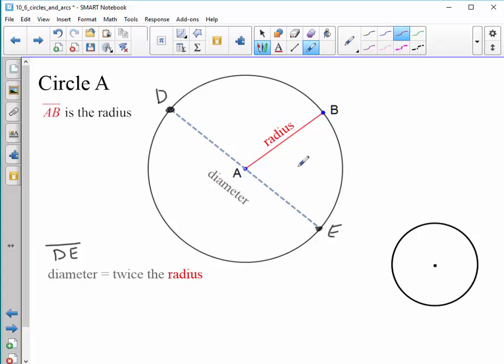So if I arbitrarily say that radius AB has a length of 5, so AB is equal to 5, then DE has to be double that, which would be 10. Okay, and down here I drew another circle, so if I gave that a center point of Z, we would refer to that circle as circle Z.